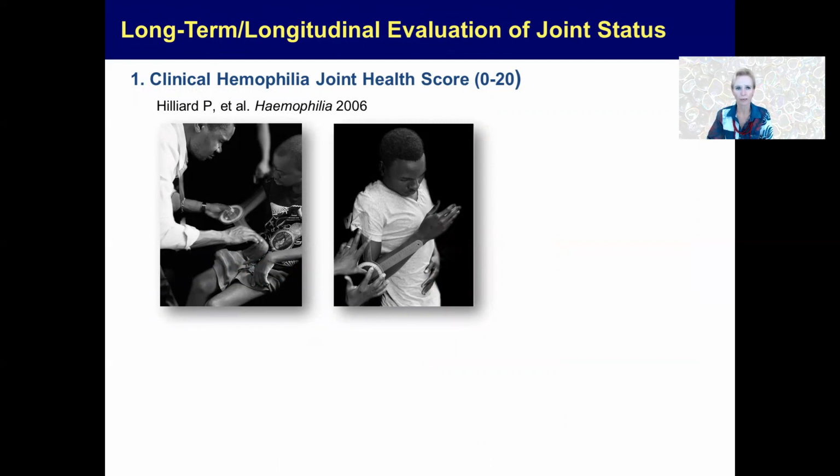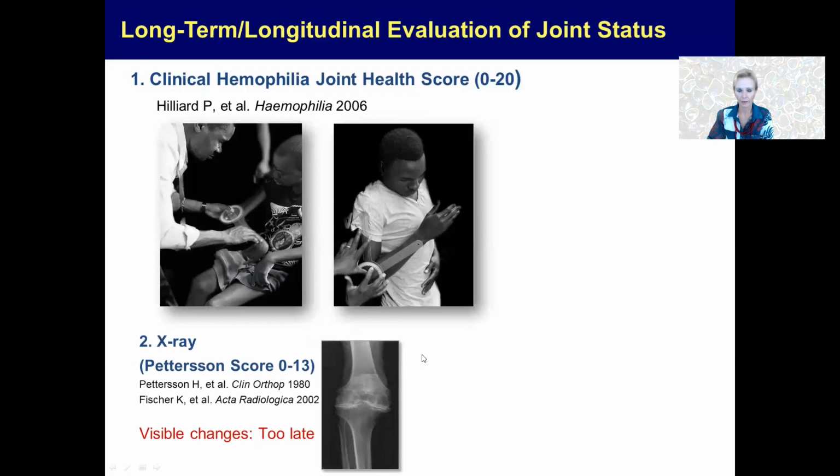Well, prior to ultrasound, or even now with ultrasound, we still have, very importantly, the clinical hemophilia joint health score, here shown in demonstration, providing a clinical picture of pain, crepitus, range of motion, etc. Then, of course, we have X-rays, which was sort of a scheme devised by Dr. Pedersen 20 or 30 years ago, with visible changes in the osteochondral domain only because X-rays are not sensitive to soft tissue swelling.